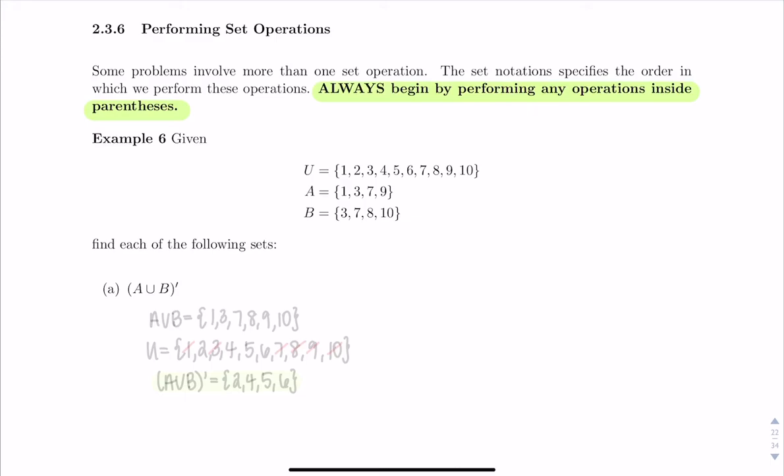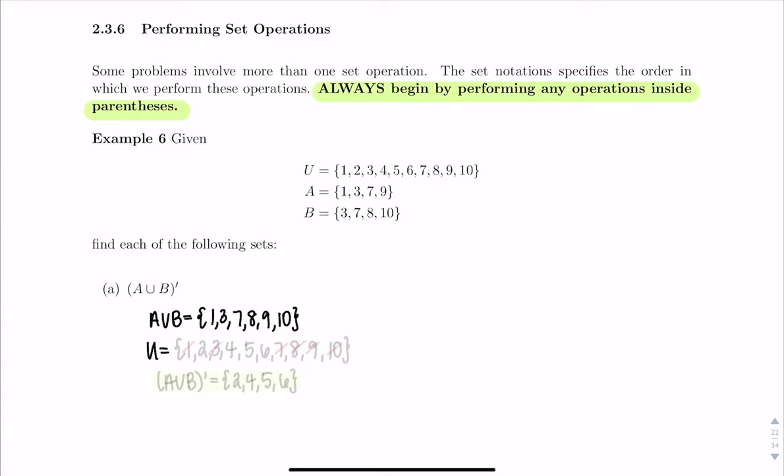So the first thing we want to do is find A union B. We're going to take all of the elements that are present in A and B. And so that's {1, 3, 7, 8, 9, 10}. Now we want to find the complement of that.